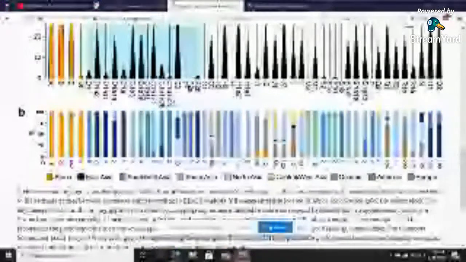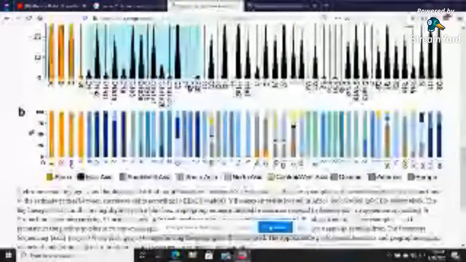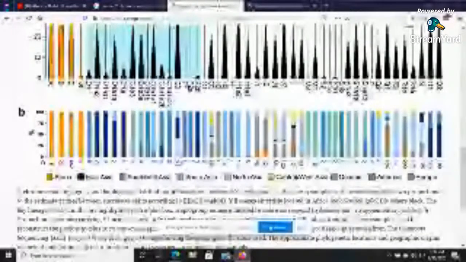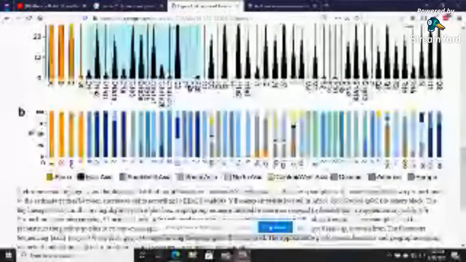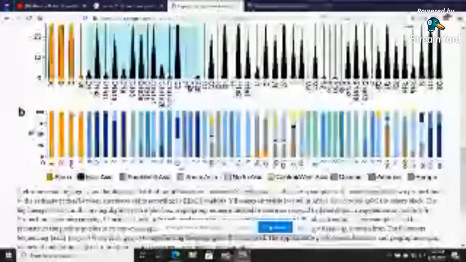They all went east instead of west. So they're all throughout Asia, Oceania, and Northern Asia, which is this gray right here, which is a big number right here. It's a pretty big number right there.